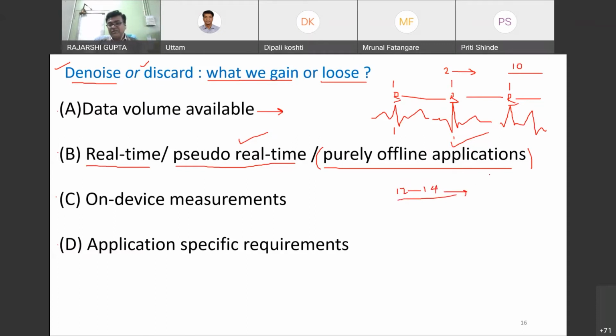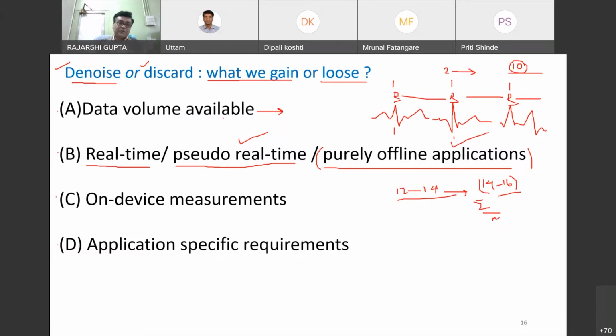Say in 12 to 14 seconds, you are expected to get 14 to 16 R peaks, if you consider a person's heart rate between 60 to 100. So you make 14 to 16 heart rates, average them by the number of cycles, and you report a single heart rate after every 10 to 12 seconds. Then it is a pseudo real-time measurement.